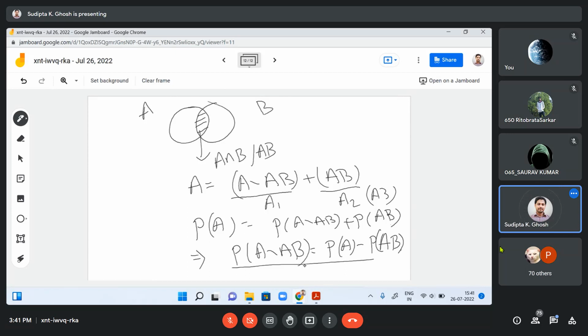That is for the A set. Can I write similarly for the B set in this fashion? Probability of B minus AB is equal to probability of B minus probability of AB.